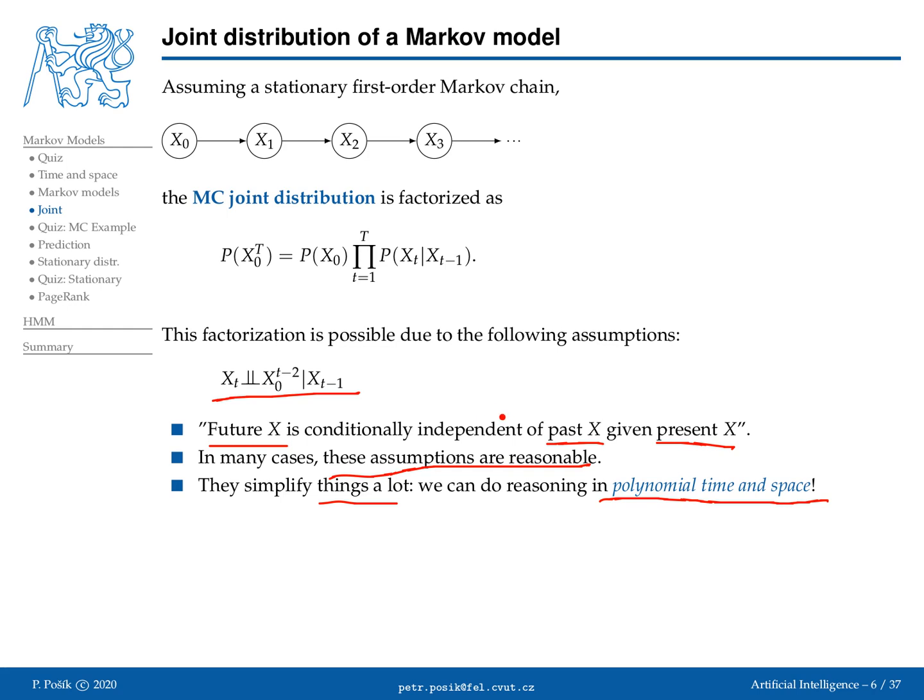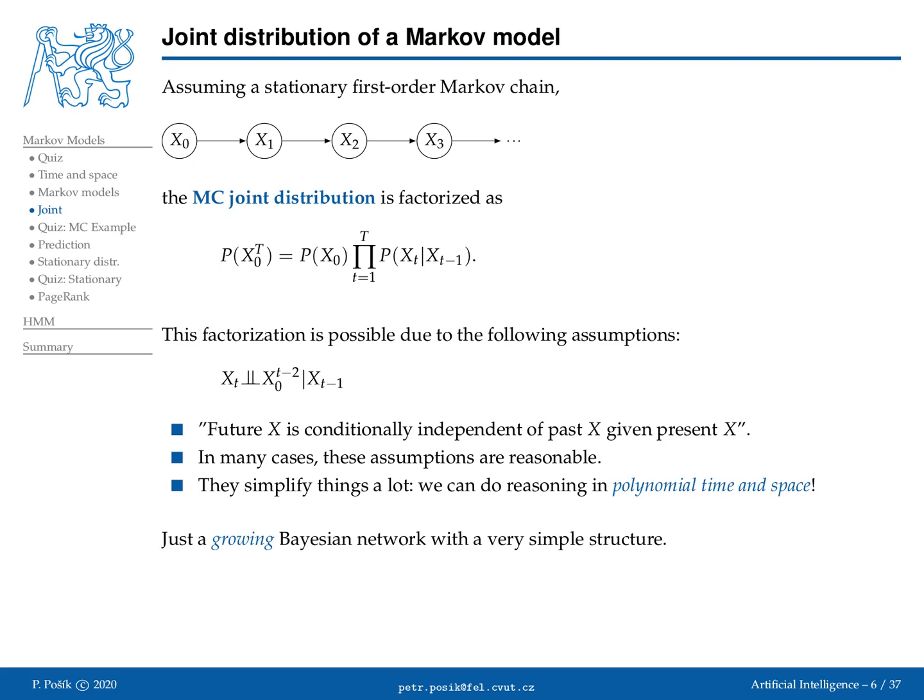For hidden Markov models and Markov models, thanks to their simple structure, we are able to do that. In a way, you can think about Markov models as a growing Bayesian network with a very simple structure. And that is true because everything that holds for Bayesian networks with those structures also holds for the Markov models.